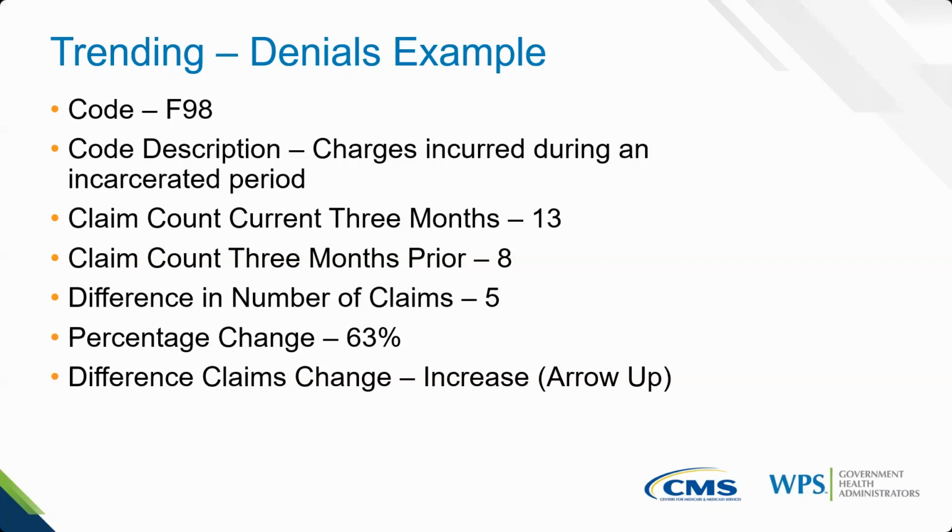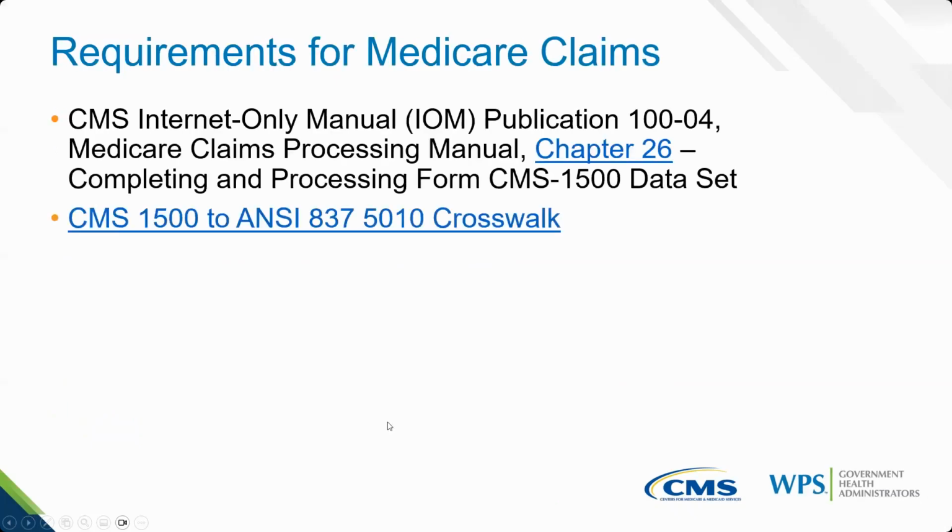So this trending helps us identify education needs. Here are some of the tools and resources to avoid these common rejections and denials. This, you might recall, is really part of that third bullet on that agenda slide, or when I advertised, I told you I was going to talk about the resources.